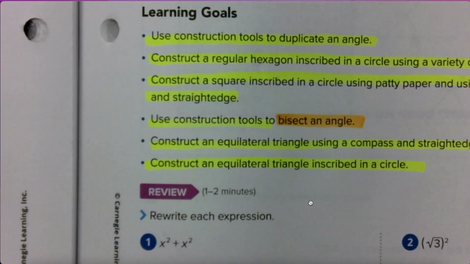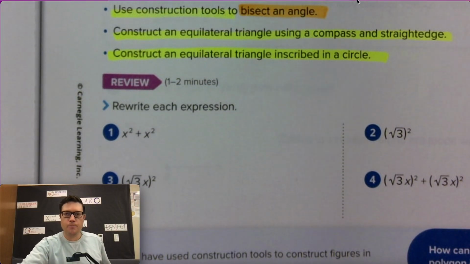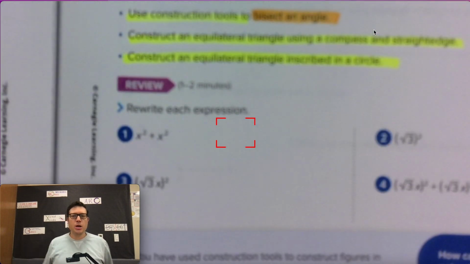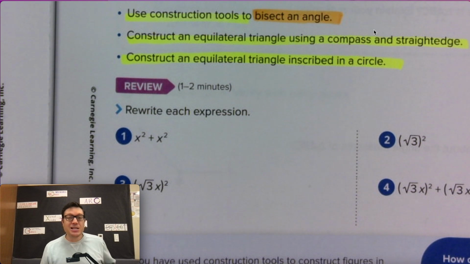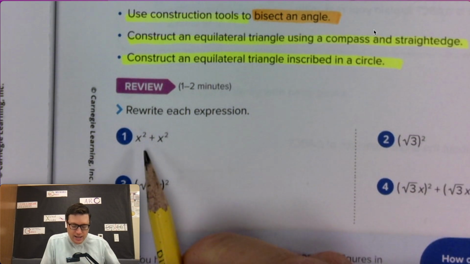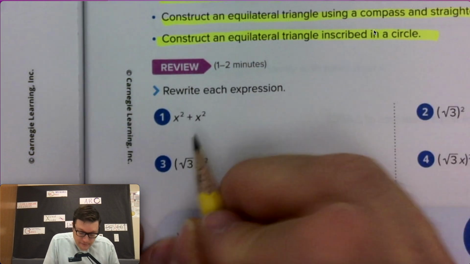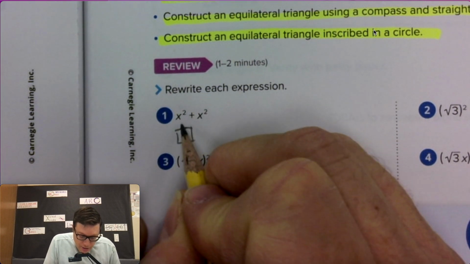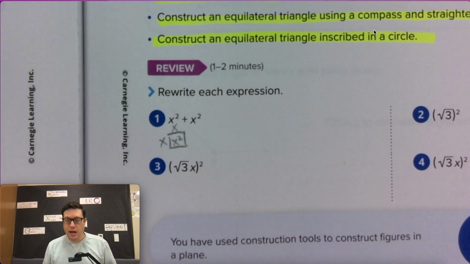Okay, I'm going to zoom in a little bit, make sure it's visible here, bring my face back. There we go. So in rewriting each expression, what we're looking for is things that we find in common. So like we have x squared plus x squared. If it helps, this is the visual. I have a square, and the sides of the square are x, so that the inside area is x squared.